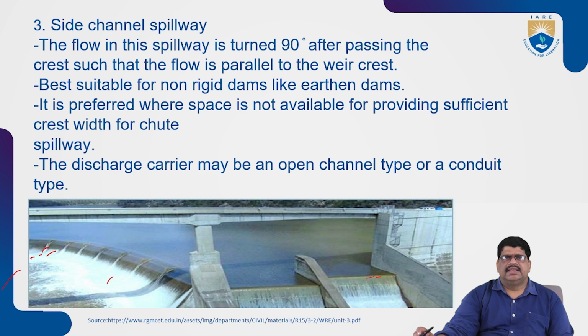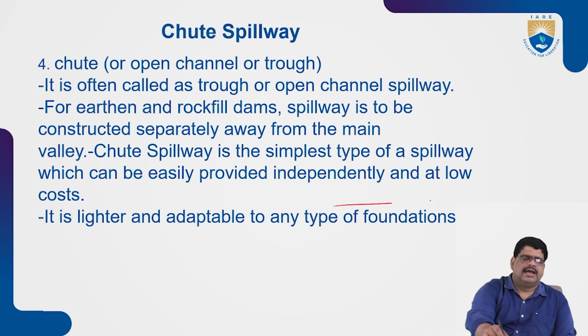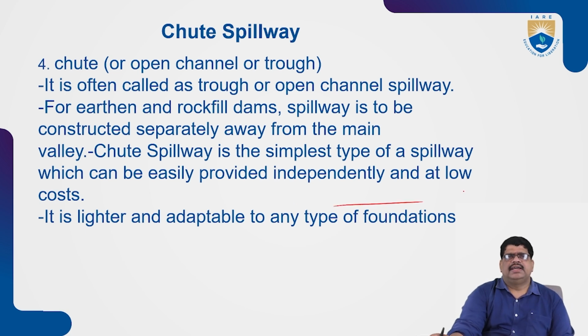The discharge is carried by an open channel rather than a conduit type. Next, chute spillway. A chute spillway is nothing but an open channel type of spillway. It is constructed separately, away from the valley. The chute spillway is the simplest form of spillway. It can be easily provided independently, and it can be adapted to any foundation.